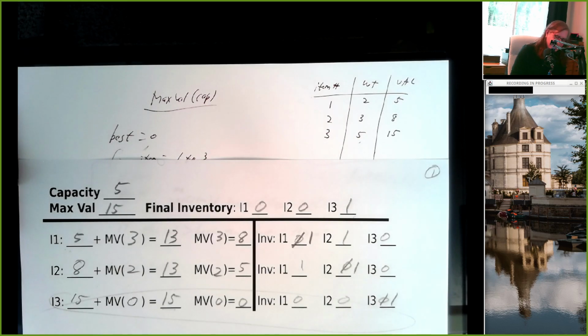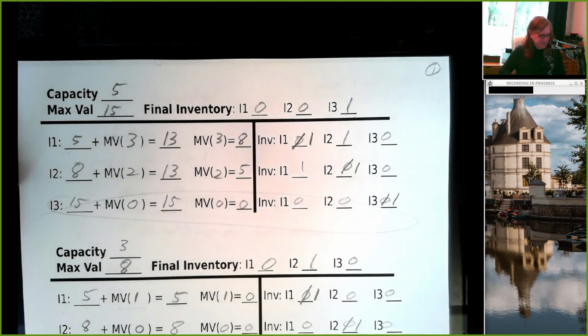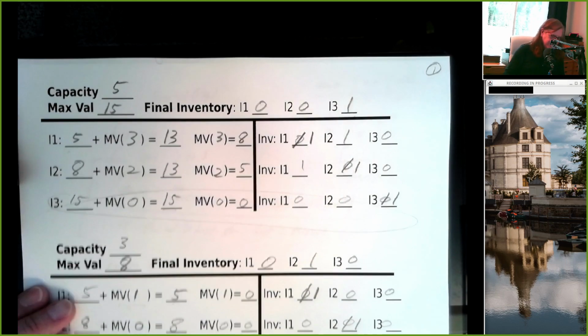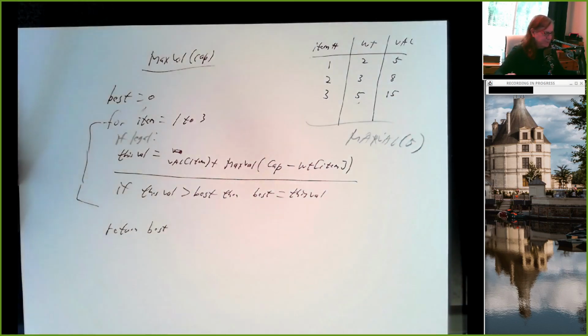Oh yeah, that is right. Yeah, so that's not a terribly interesting solution because it's a greedy solution. But anyway, that's the iteration through the recursive calls that go along with this sort of higher level view.